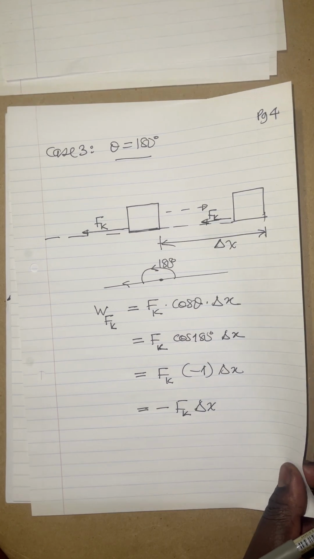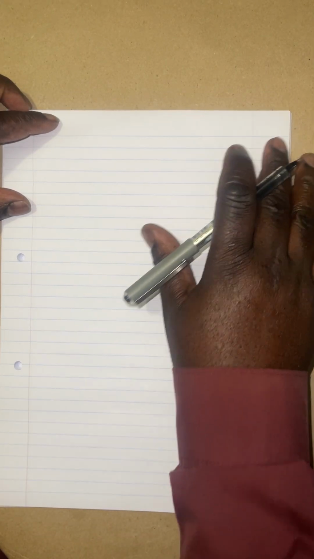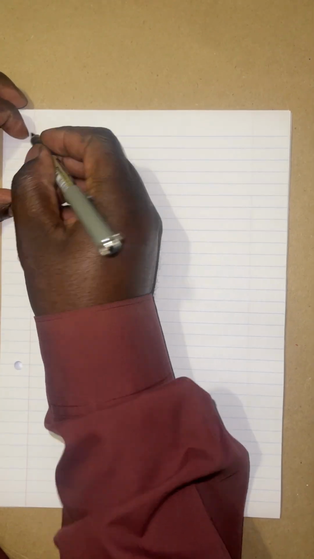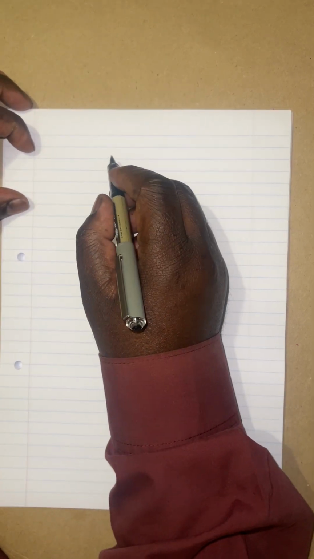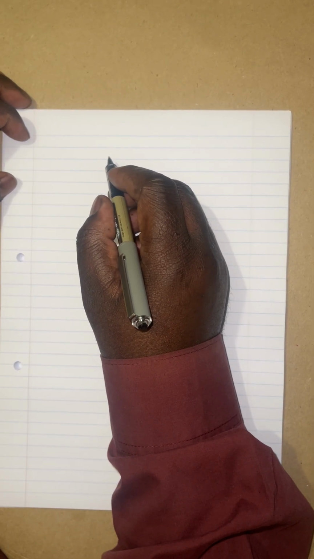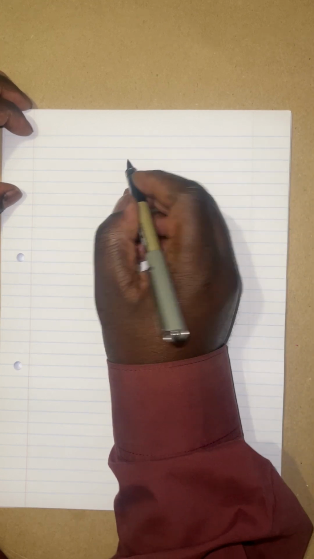All right. Now, having looked at the 3 cases, I want to look at the idea of what we call the net force acting on an object. Net force. If there's a net force acting on an object, we want to look at work done by the net force acting on an object. What is it equal to?